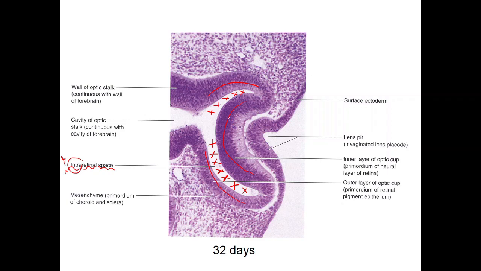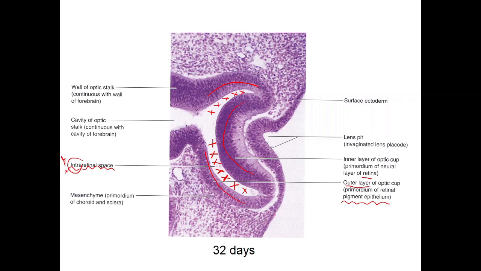So please be aware that we differentiate the inner layer of the optic cup, which is the primordium of the neural layer of the retina, and the outer layer of the optic cup, which will form the retinal pigmented epithelium. As you know, the retina has many layers, like 10 layers.